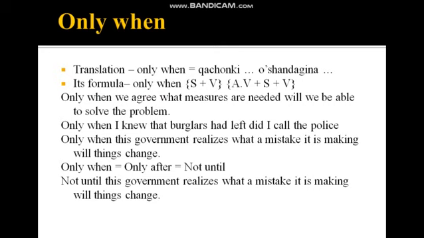Why? Because we're gonna discover that. See, only when we agree what measures are needed will we be able to solve the problem. It's not we will be, it's will we be. Which means the auxiliary verb will is coming before the subject, but there is no question mark because that's not a question.